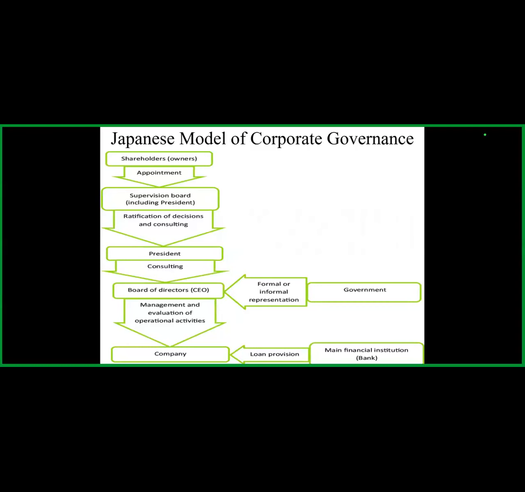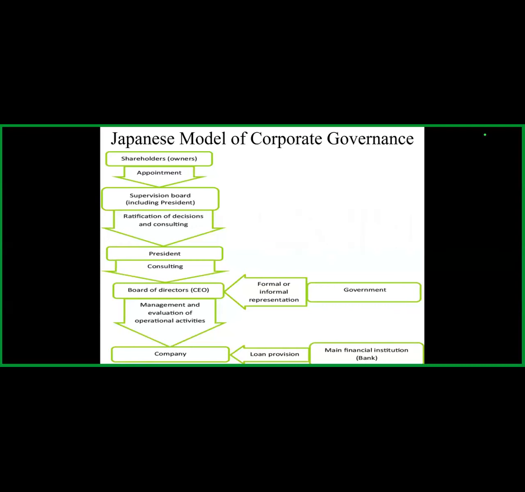They are included in the board. The same rule is followed in the Japanese model of corporate governance, same procedure. Now, as this supervisory board or supervision board has experts, they can play the role of consultant also.